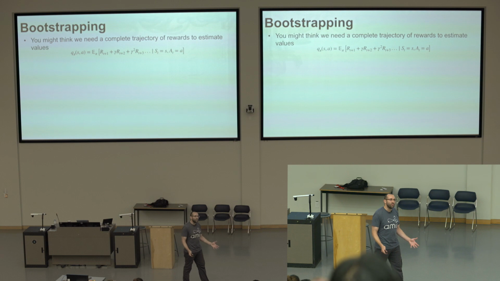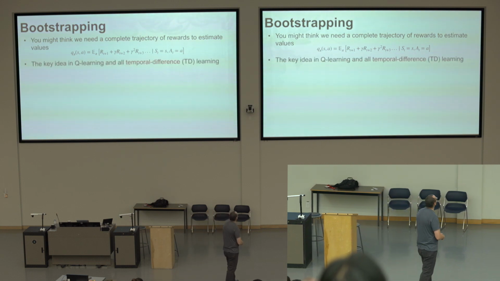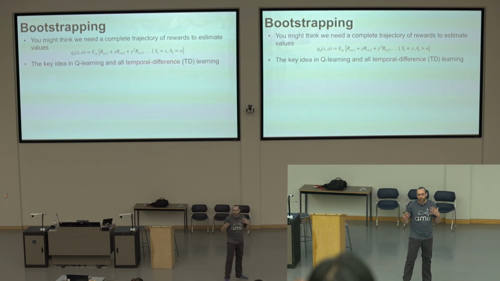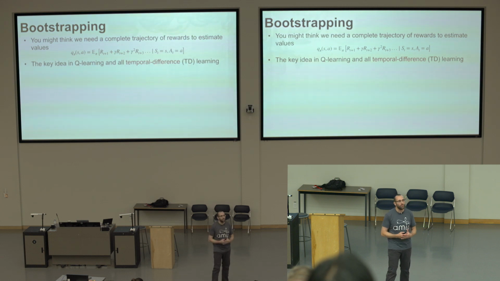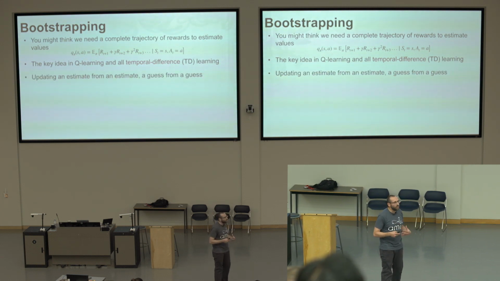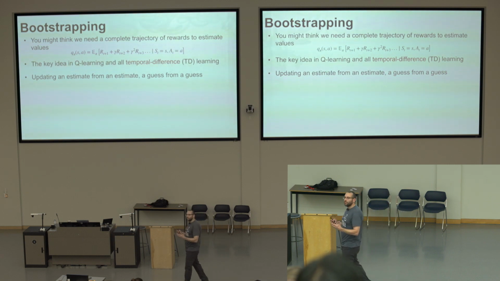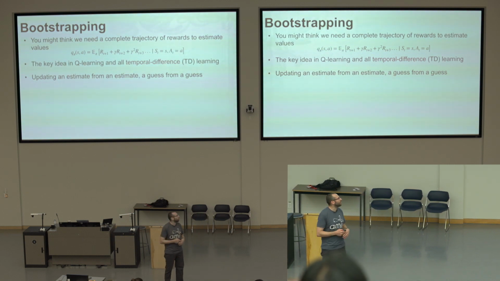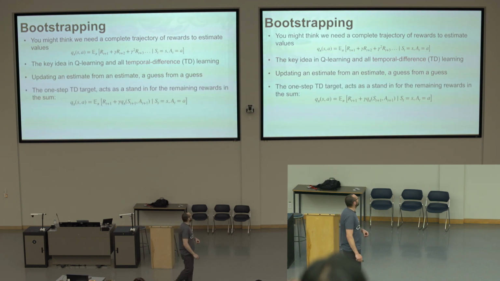But that's where the magic of bootstrapping comes in. The key idea behind Q-learning and temporal difference learning methods in general, of which Q-learning is one, is that we're going to use an estimate of our value function to update our value function. We're going to update a guess from a guess. It's using its own learned values to make itself more correct.